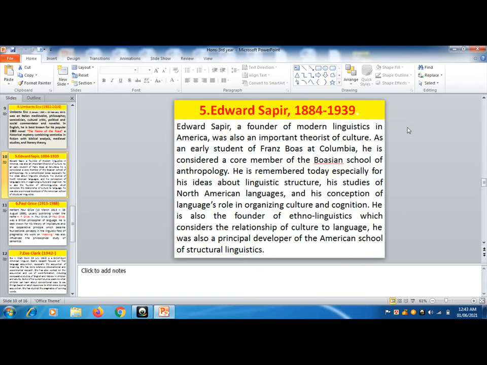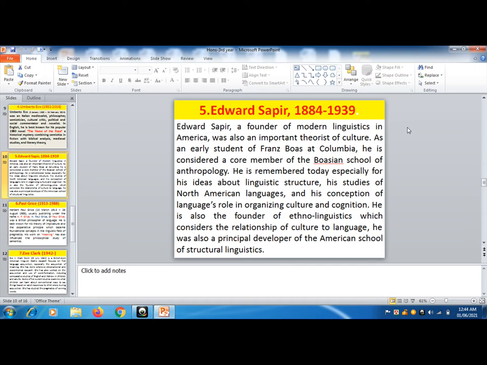Number 5, Edward Sapir. Edward Sapir, a founder of modern linguistics in America, was also an important theorist of culture. As an early student of Franz Boas at Columbia, he is considered a core member of the Boasian School of Anthropology.